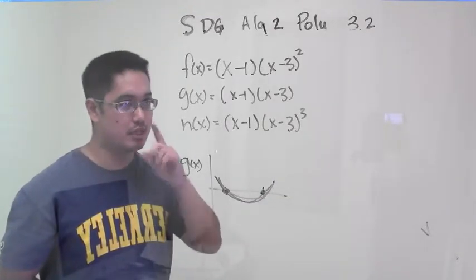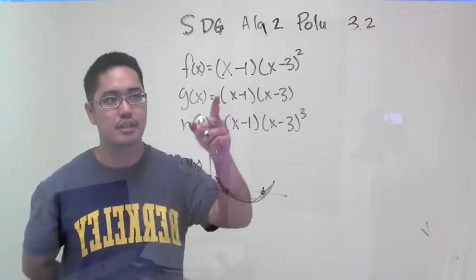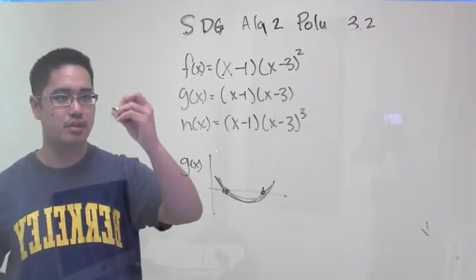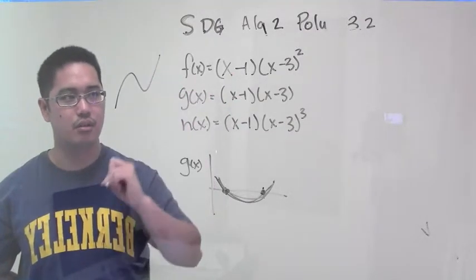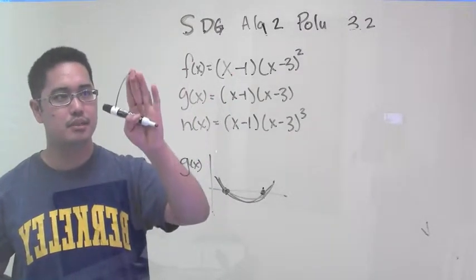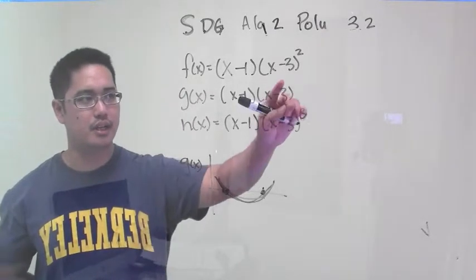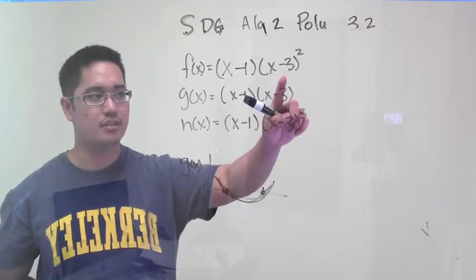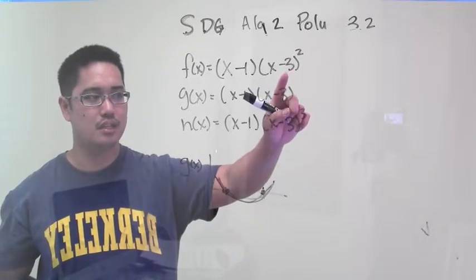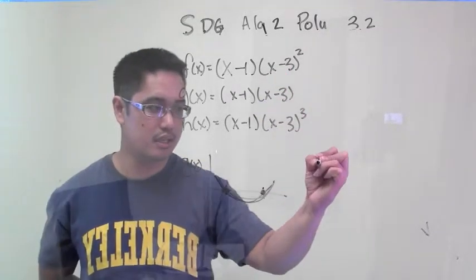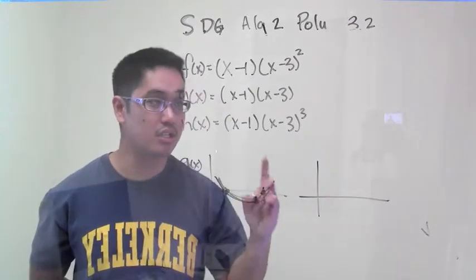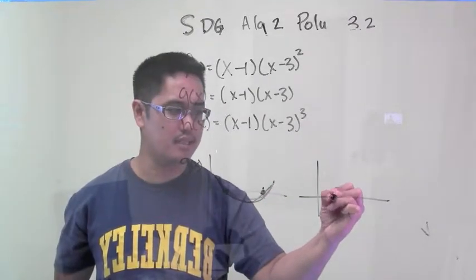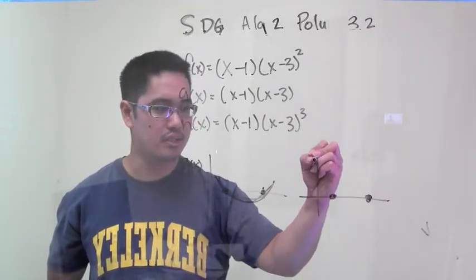Now, what's interesting about the cubic function is I know that this is going to be a regular cubic function, so it's going to kind of go like that. But what's interesting about it having two of its factors is x equals 3. It kind of tells me that it only touches the x-axis at 2 points.